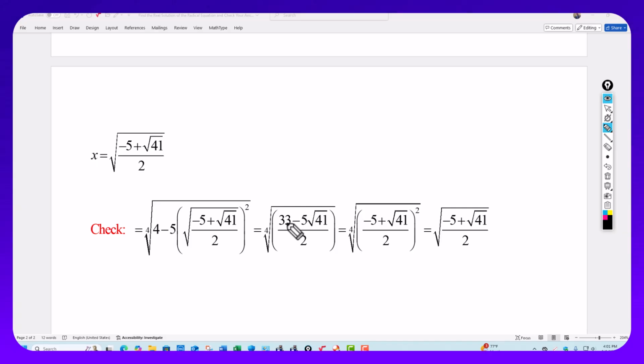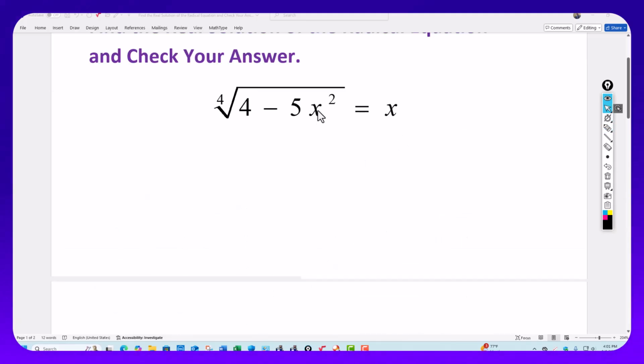Now, from here, from the previous result, we have 33 minus 5 square root of 41 over 2. And what I did here, you can verify this. So we got to this part where we plugged it in here. And then I got x squared here. We got the x here. 4 minus 5x squared. Plugged it in there.